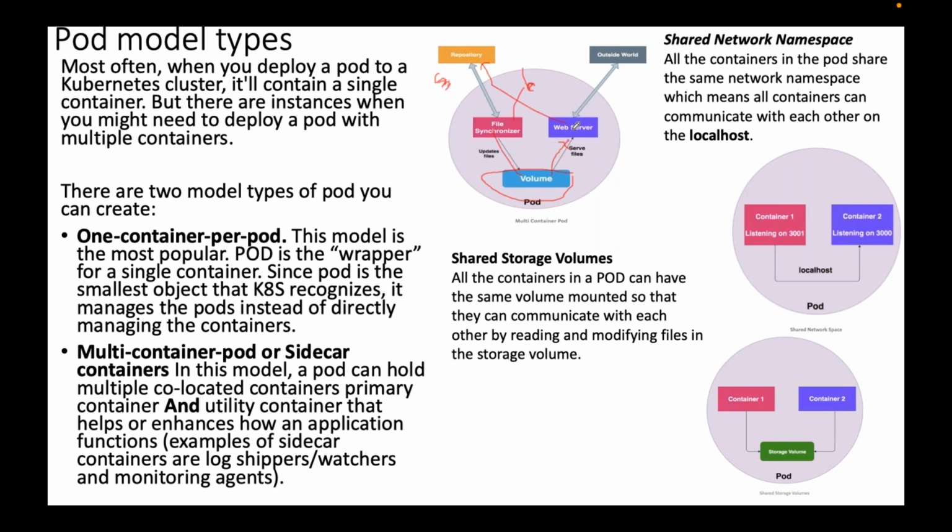Does this main container have to know where those files are coming from? Does it need to have the logic to read those files from outside, from anywhere? Not required.